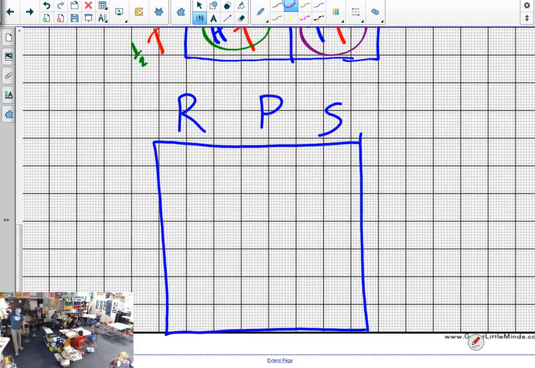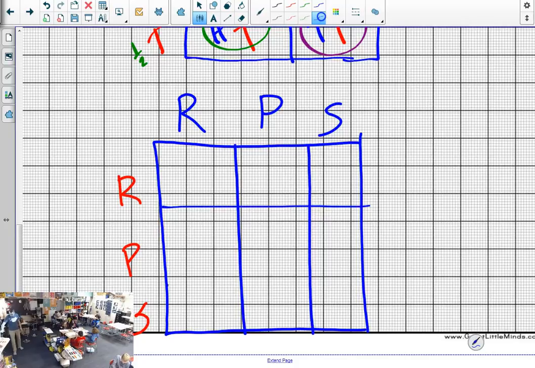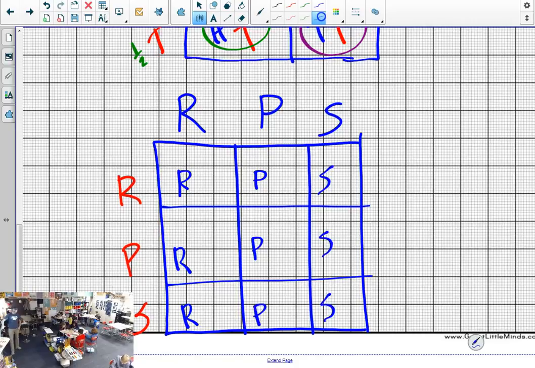We have rock, paper, scissors. Especially if you're color coding, I fill in all my blues first, then I fill in my reds.